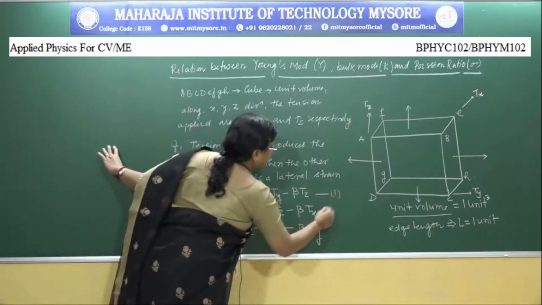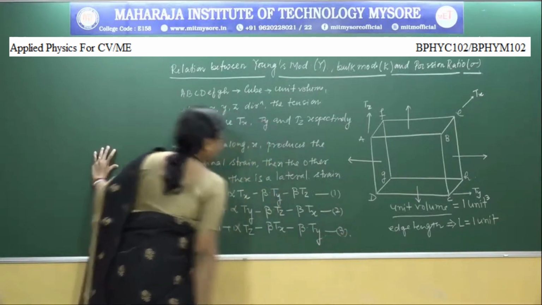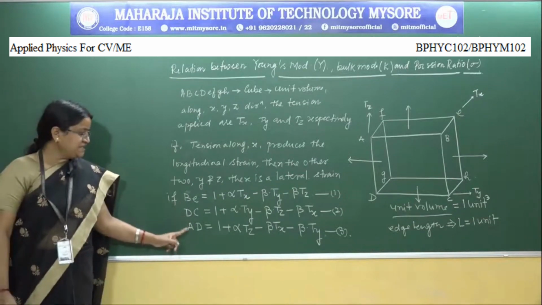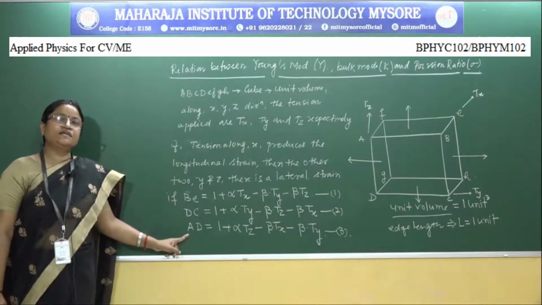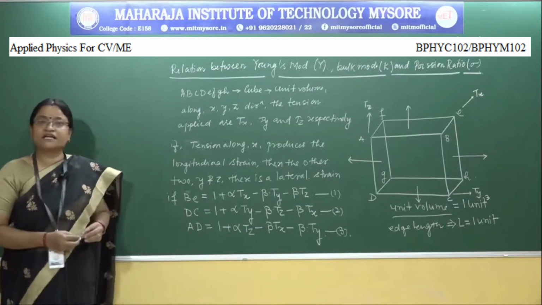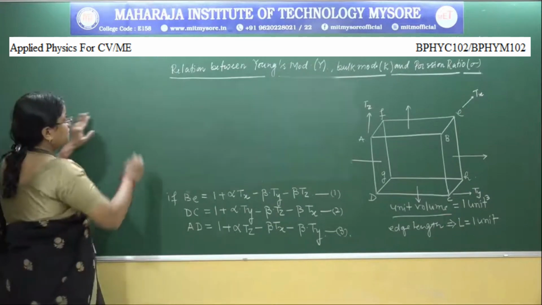So, we will write it as equation 1, 2 and 3. Now, when we multiply BE, DC and AD, we will get a new volume. So, let us calculate what the new volume will be.